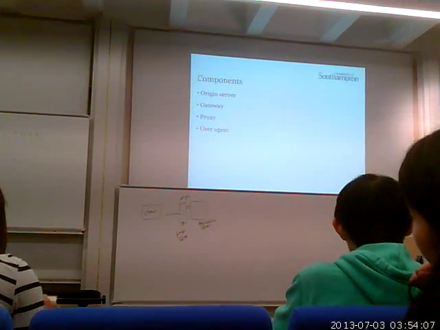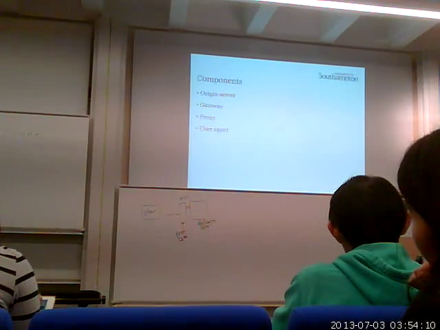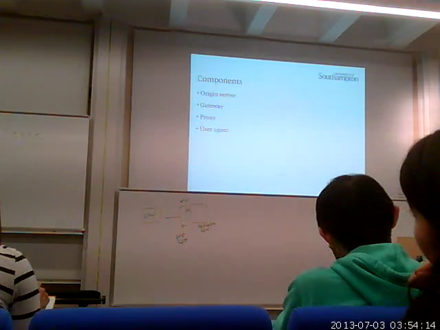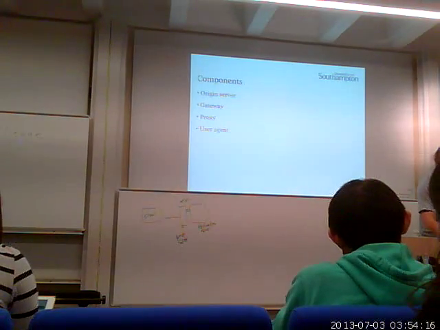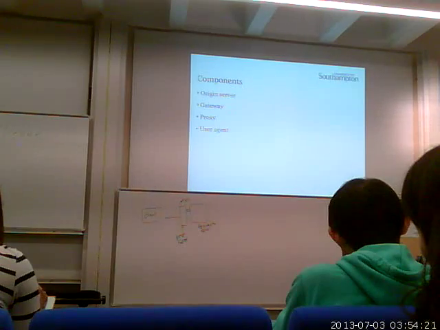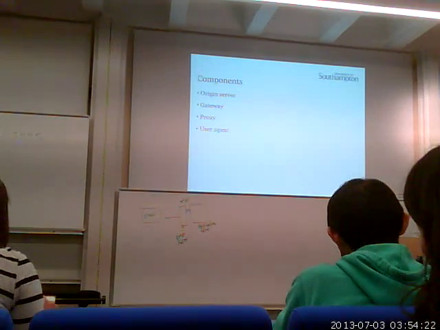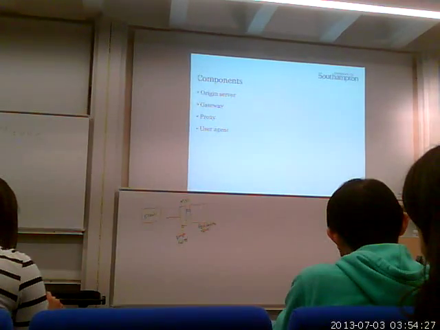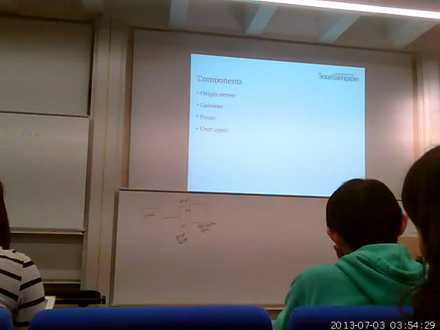We might have things that are layered in between this. So we have gateways and proxies. These are various bits of software that let us connect from our client to our server, to provide various functions, and we have the user agent, which is the software client end.